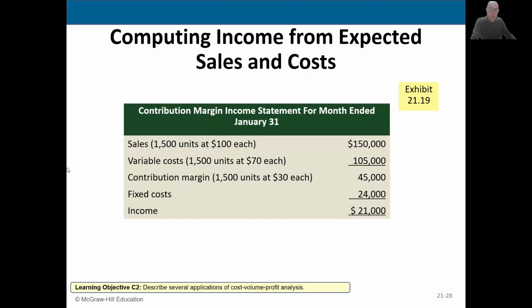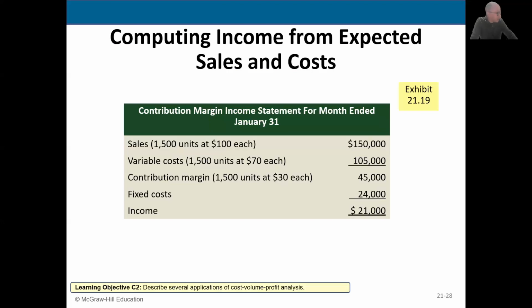We can also compute income from the expected sales and costs. I expect to sell 1,500 units in the month of January at $100 each. Variable cost is $70 a piece. Contribution margin is $30 a piece.